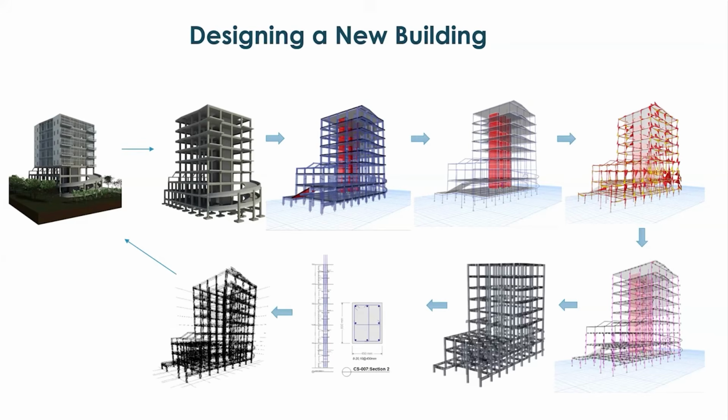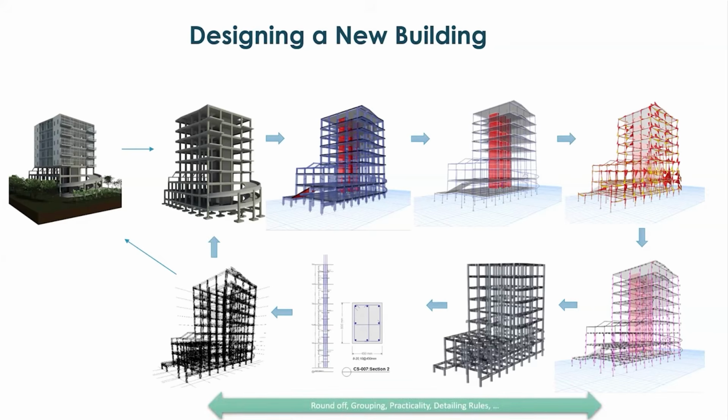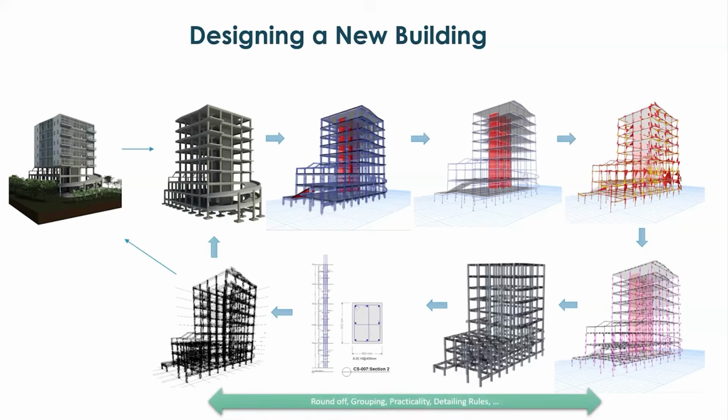Now, the problem is coming in this zone here, because after we calculate the reinforcement, by the time we provide the detailing, we round off many things. We group them, and then we run it through. We can calculate the reinforcement accurately based on the analysis.